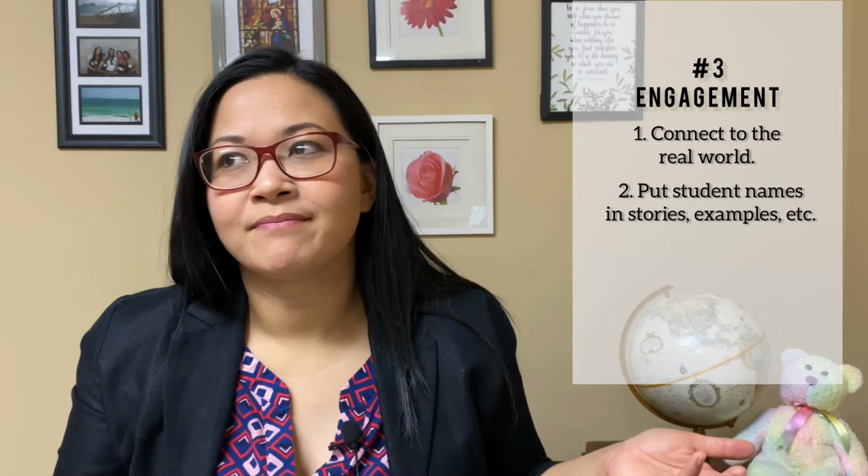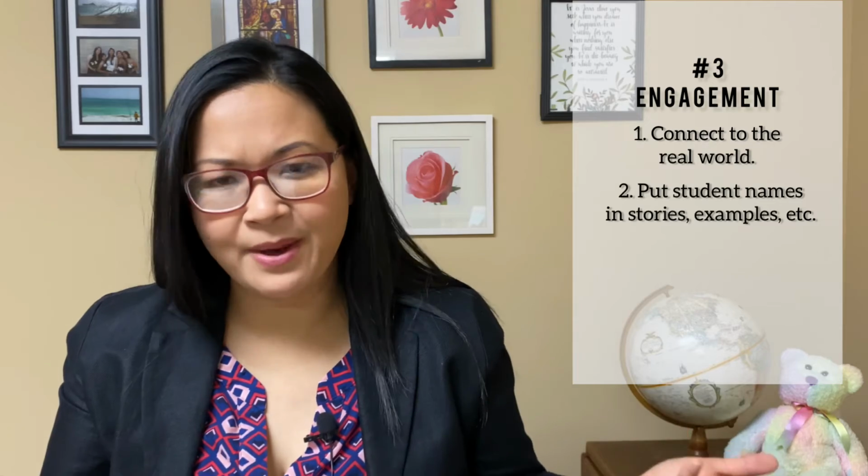It could be something as easy as just swapping out a name from a story with the name of someone in class. Or if you're learning history, right? One of the things I used to really like to do is have particular students play the character of the historical figures we're studying, and that actually helps them remember a lot of things better too.